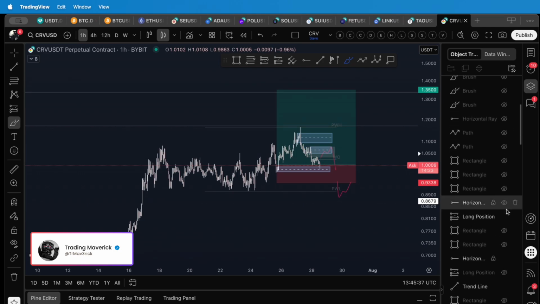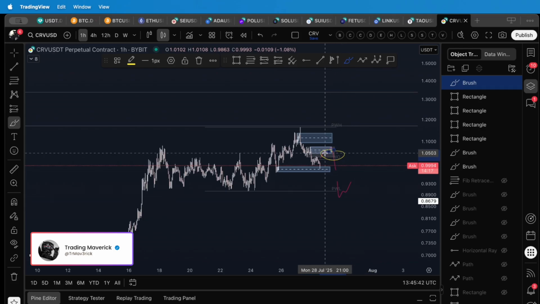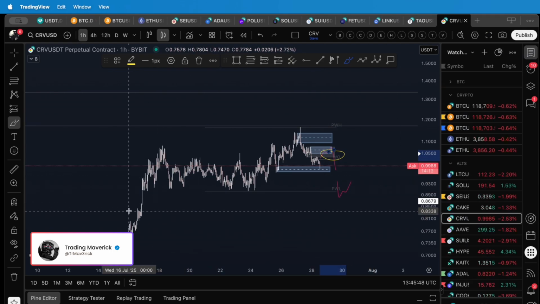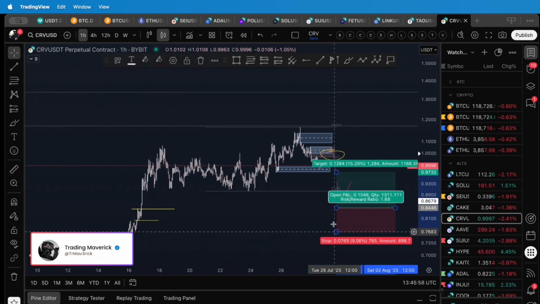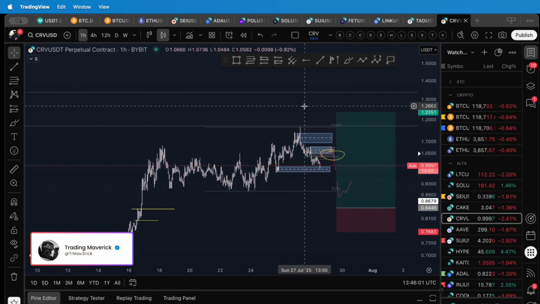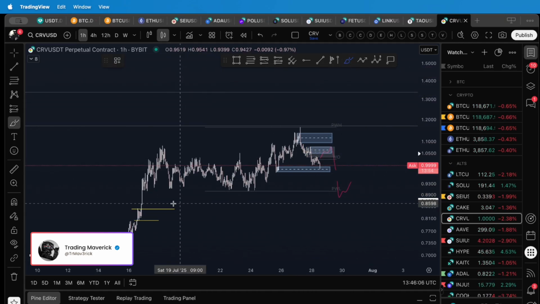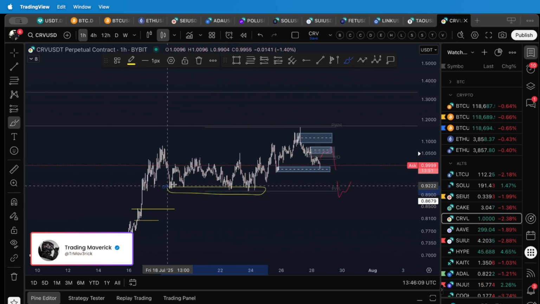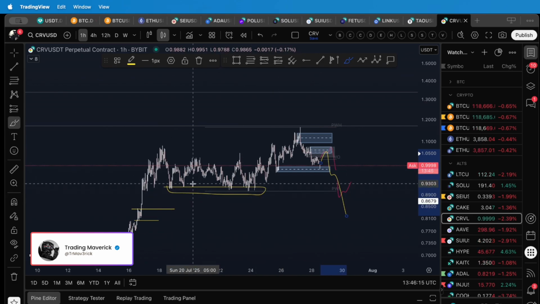From here, what I'm actually anticipating is for price maybe to come here to $1.06 ish, and then we drop to this OB at 82 cents. So I would like to long there, something like this, just because we have a lot of lows here, and honestly it would make sense for price to take all the lows out before moving higher.